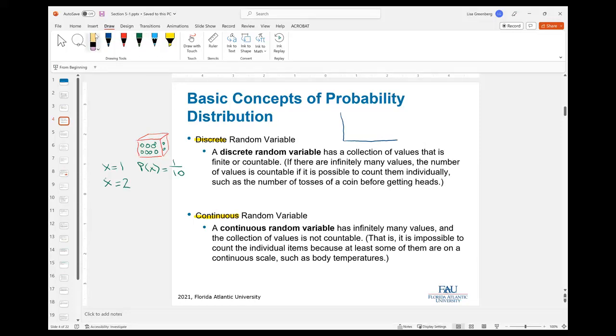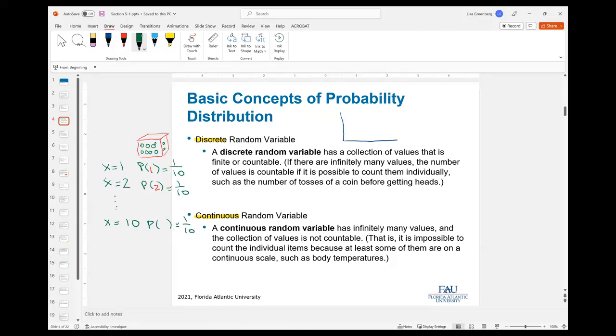It's also 1/10. And all the way down to the probability of picking a ball with a 10 on it, which is also 1/10.